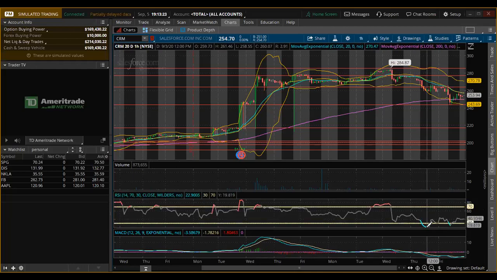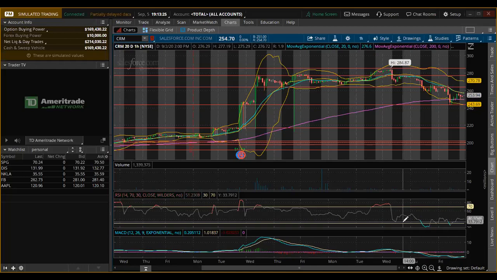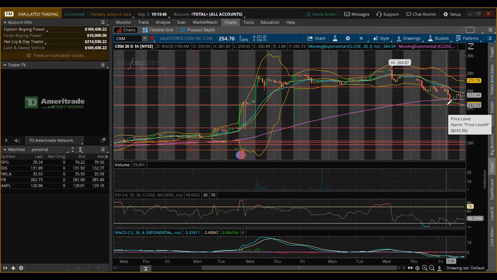It was oversold. Stocks like this want to go up, so they try to shoot up. As you see, it was oversold, and then it tried to shoot up at the end of the day, but then it started selling off again. Oversold, then try to shoot up. That's how I read certain charts.